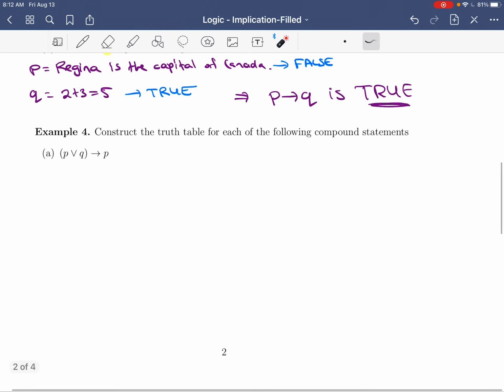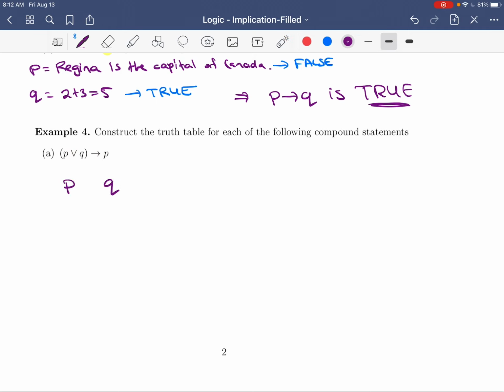Okay, let's try another example. So here is a compound statement. I have the or and an implication. I'm going to make my truth table so I only see P's and Q's.